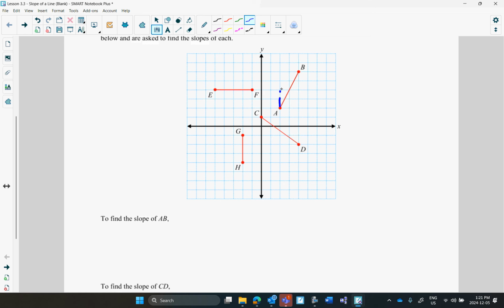So I can rise 4. But I'm still not there yet because I have to run or move horizontally. How much do I move horizontally? 2. And because I went up 4, that's positive. Because I went to the right 2, that's positive. So we would say the slope is rise over run, 4 over 2, which is plain old 2.